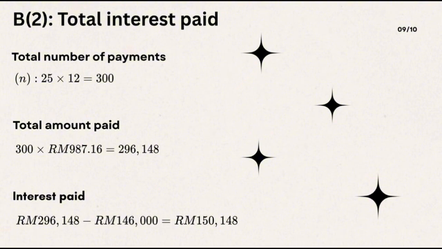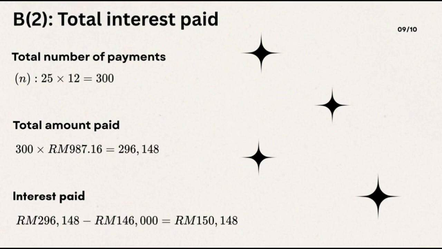For B2, to find the total interest paid, I first calculated the total number of payments by multiplying 25 years by 12 months, which gives 300 payments. Then I multiplied the monthly payment of 987.16 by 300 to get the total amount paid, which is RM 296,148.